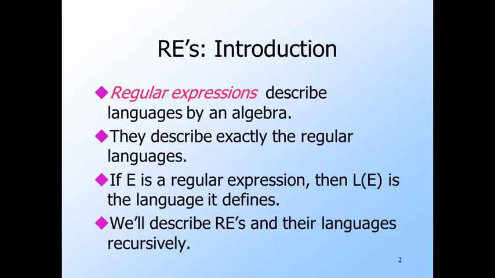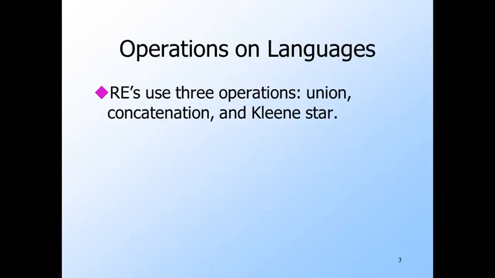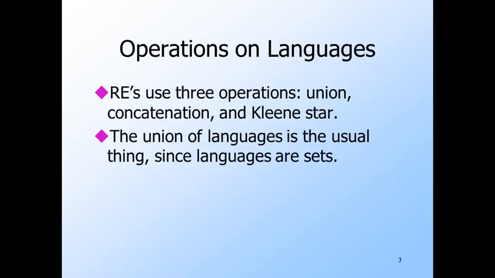We'll use L(E) as the notation for the language described by the regular expression E, and we will describe regular expressions and their languages recursively. Regular expressions use three operations: the union, concatenation, and the Kleene star.